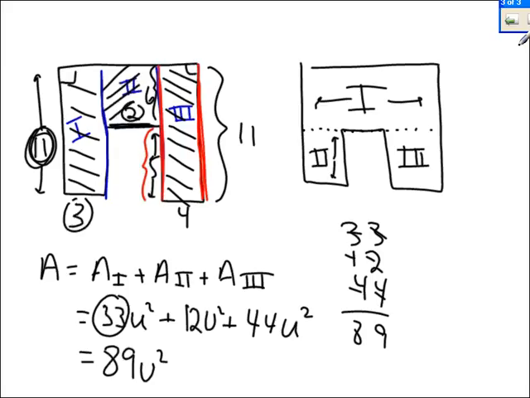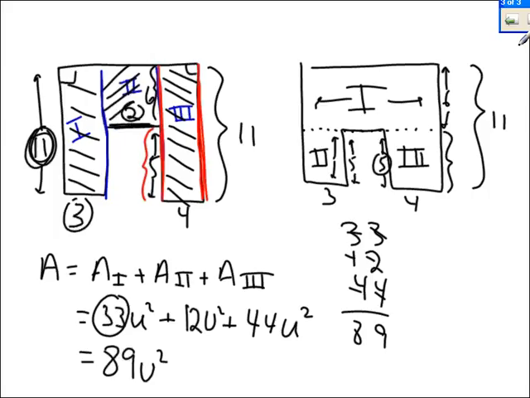Well, again, we know this is 3 and 4. Well, if this is 5, well then so is this. And we know that this whole thing is 11, and since this is 5, like it says here, then that's 6.